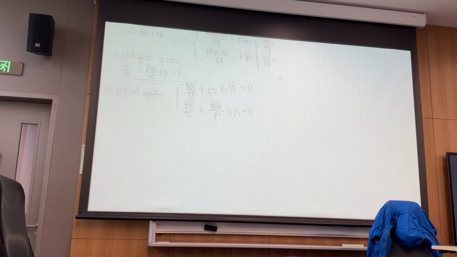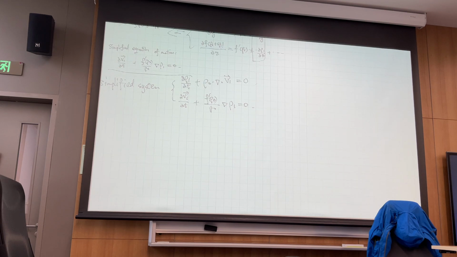So what I can do is, for the first equation, take the partial t. This is my equation star, star, star. Now I'm taking the time derivative on both sides. The right hand side is 0, and its time derivative is still 0. So I'm going to take partial t on both sides.